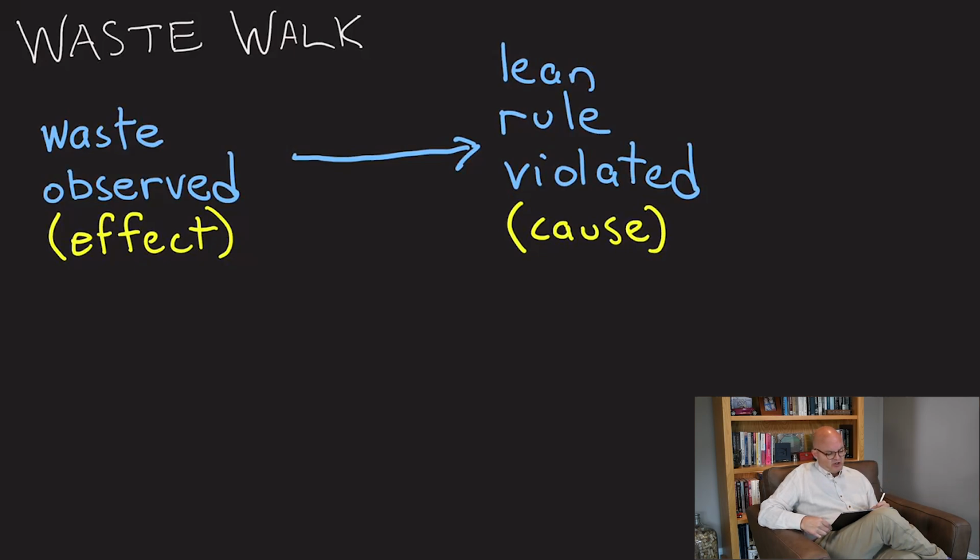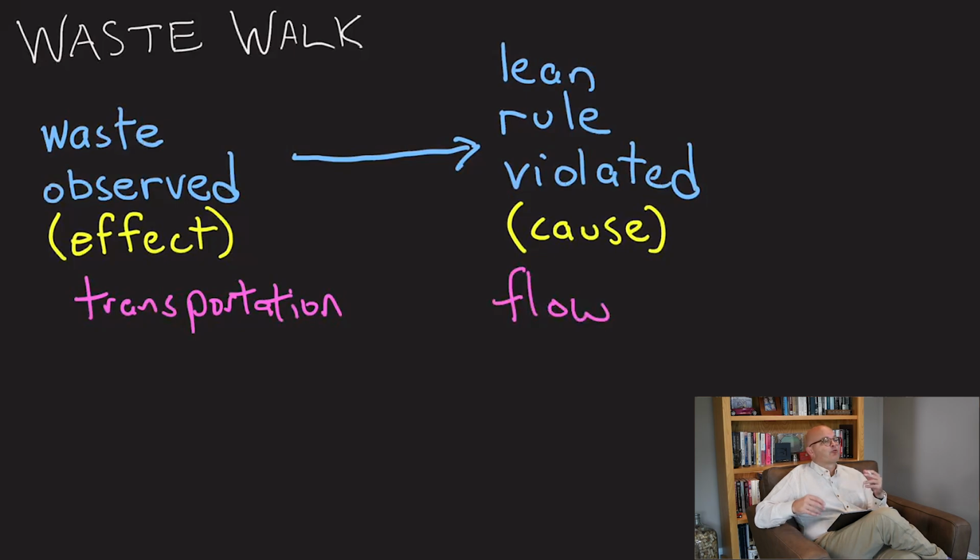So you might see the waste of transportation and see that what is really behind it is a lean rule was violated. Well, what's the cause? Maybe a poorly designed flow. And so we have to improve the flow in order to drive out the waste of transportation. Or we might observe the waste of motion, and in observing where that waste of motion is, it's an unstructured or poorly structured activity that produces that waste.